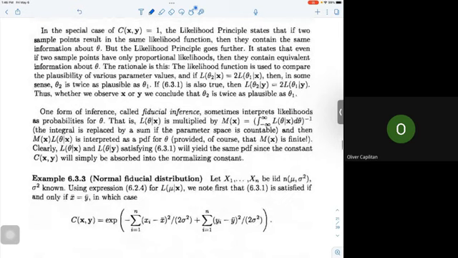So one form of inference in which the likelihood can be used is the fiducial inference. This fiducial inference sometimes interprets the likelihoods as probabilities for theta.